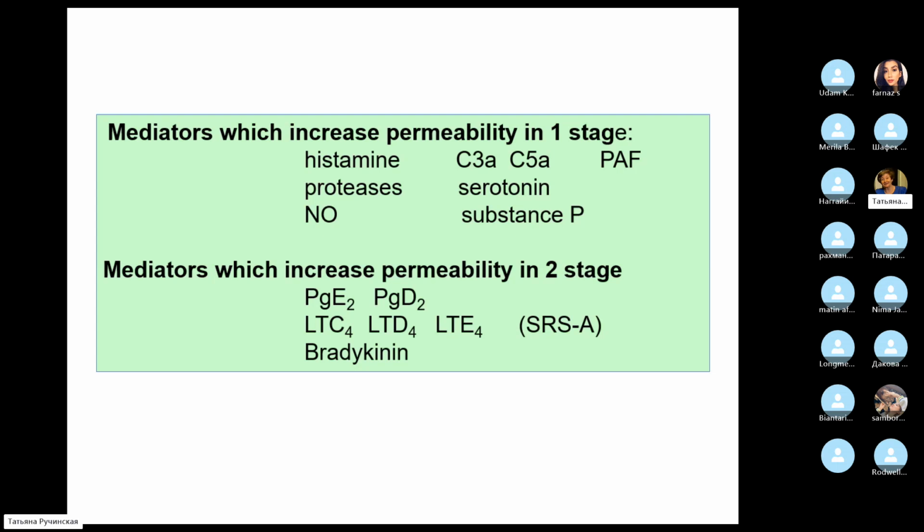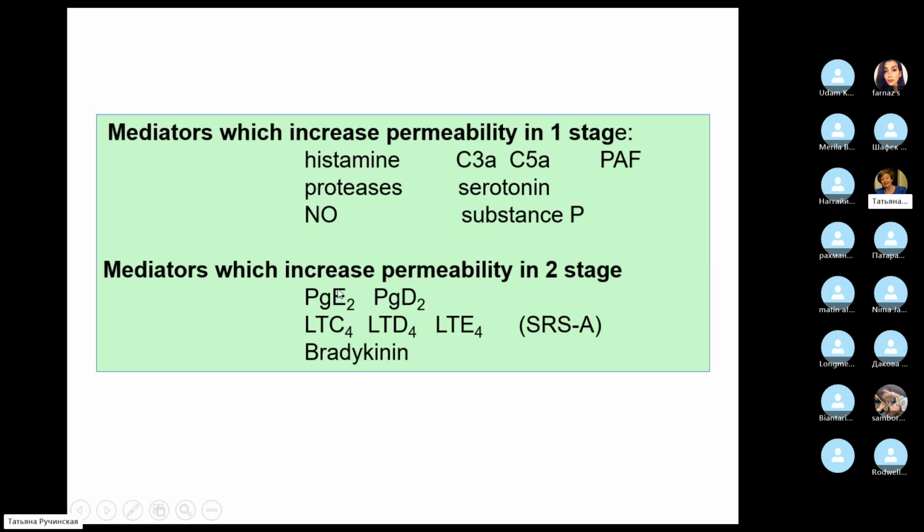If you pay attention to the mediators which appear in the first stage, you see all of them are preformed mediators except one, platelet activation factor. It is newly synthesized, but it needs only 15 minutes for its synthesis, and that is why it takes part in increased permeability in the first stage.